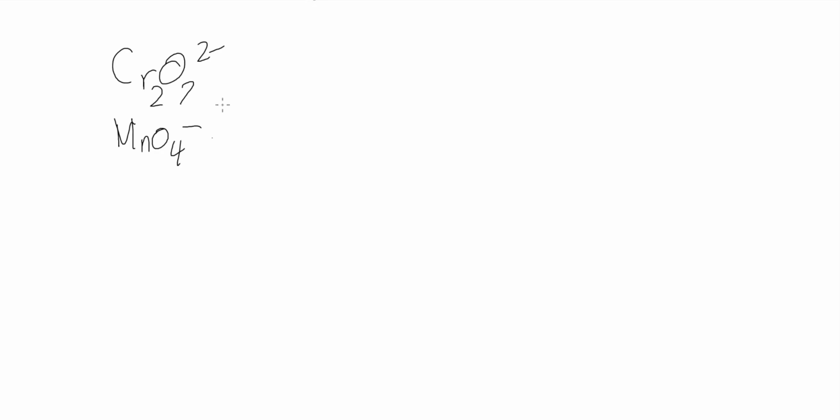If it's an acidic solution, it will form chromium 3 plus. If it's in neutral or basic solution, it will form chromium 3 hydroxide. And if it's in super basic condition, almost never on the AP test, but I thought I'd tell you anyway.